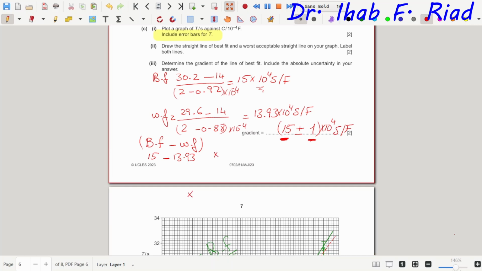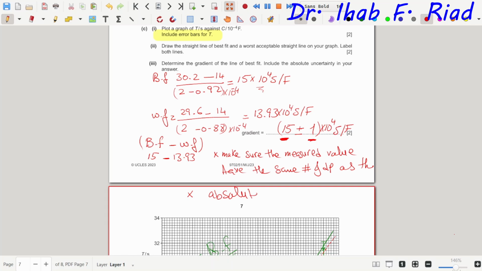Note, make sure the measured value, or the gradient, or whatever it is, has the same number of decimal places as the absolute uncertainty.